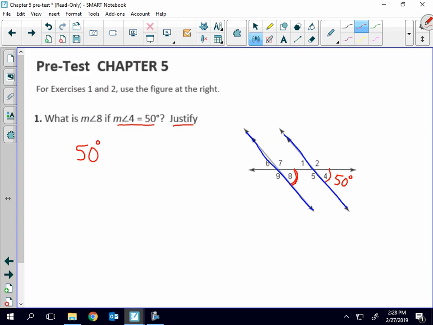This one is at the bottom right of the one blue line, and this one is at the bottom right of the other blue line. Okay, if we see that, we can see they're in the same position, and that's called corresponding. We need to justify. That's what that means. Point to that so you remember for your test. We need to justify.